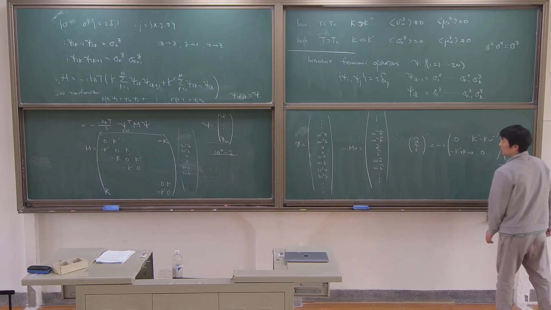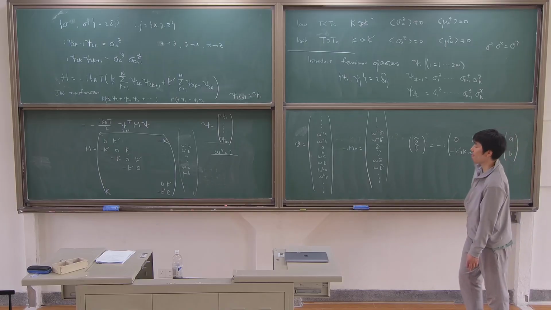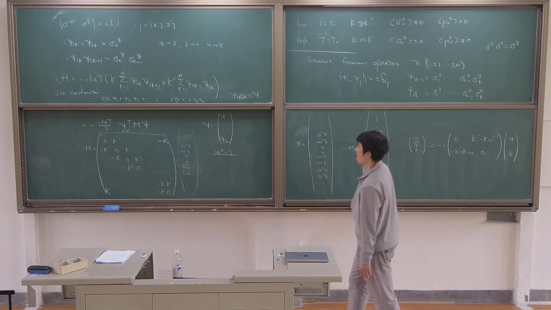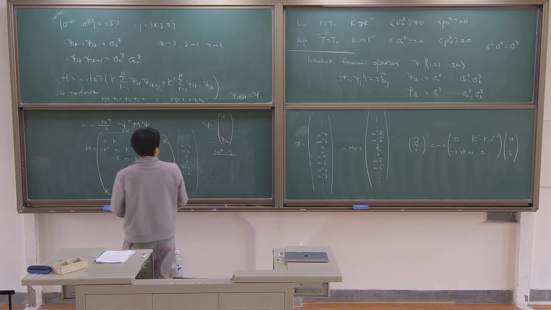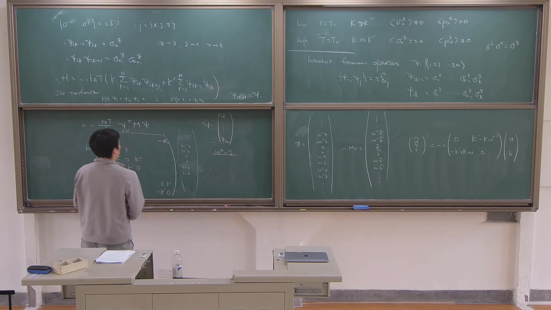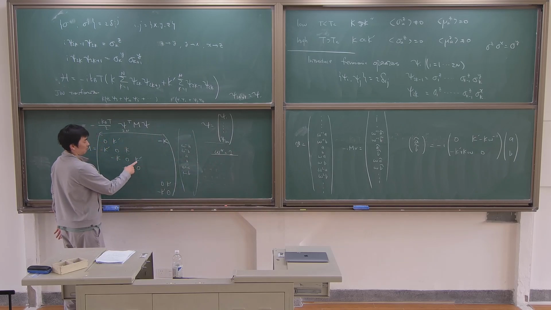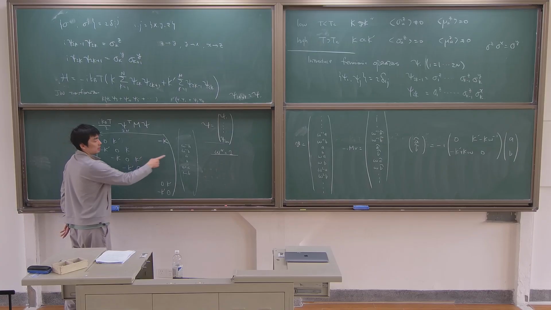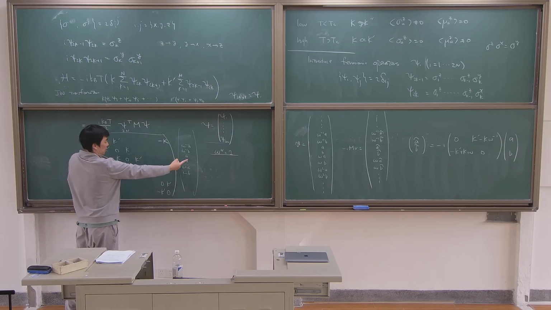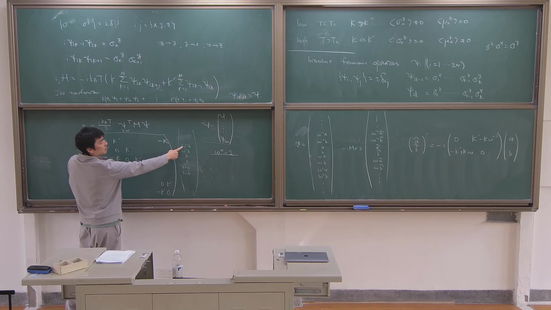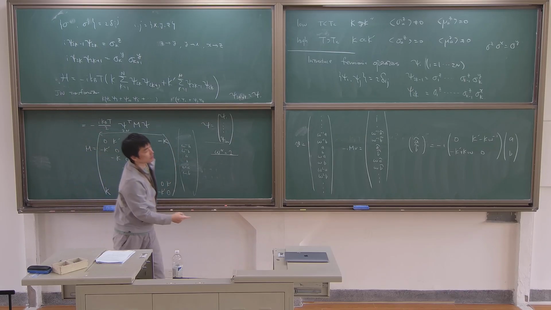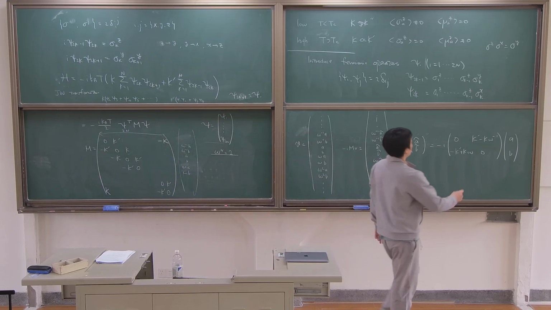And as you can easily see from here, for instance, if K prime hits A, then K prime hits A and minus K hits omega inverse B. So that will give you this one.